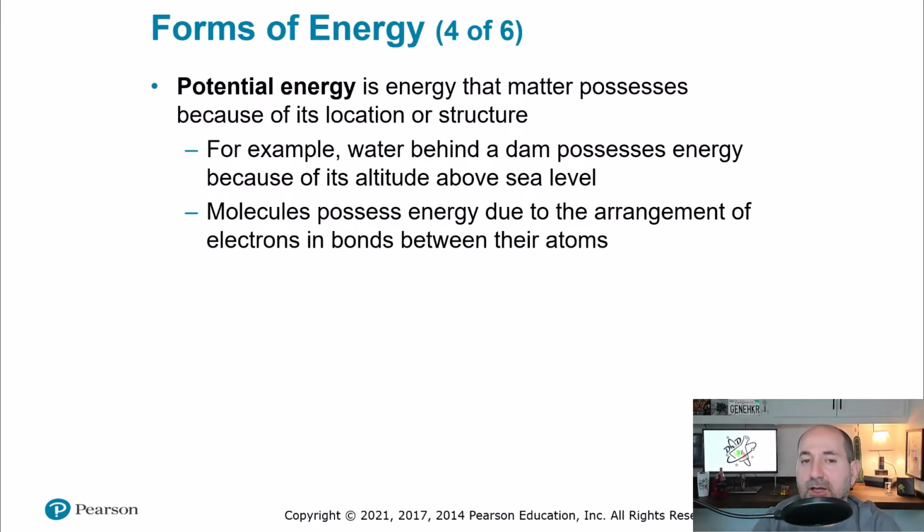So I had converted the potential energy of the bow to kinetic energy of the arrow flying across to the target, right? So when you hear about potential energy, just remember that potential energy can exist in location, so up high, or structure, like a bow and arrow. Think about it that way.